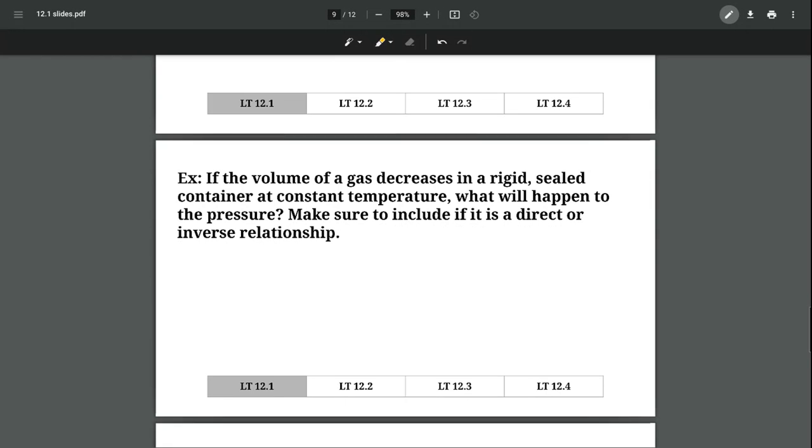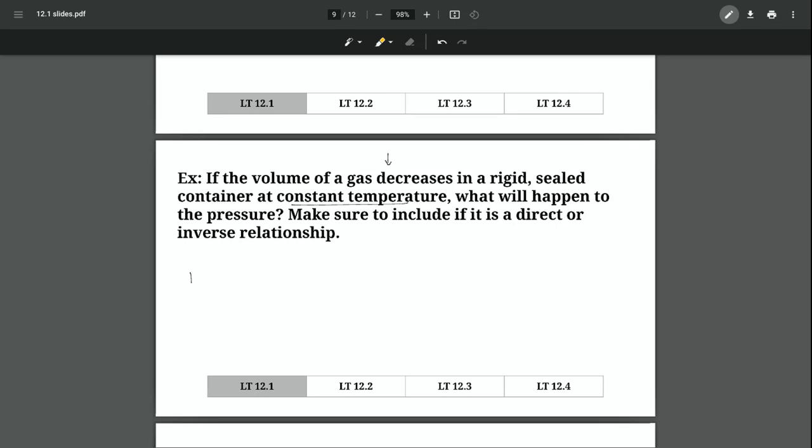So here's an example. The volume of a gas decreases in a rigid sealed container, and the volume's changing, but the temperature's remaining constant, and everything else is constant. So what'll happen to the pressure?